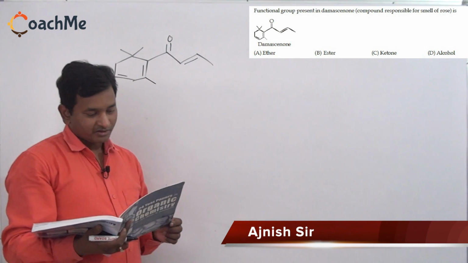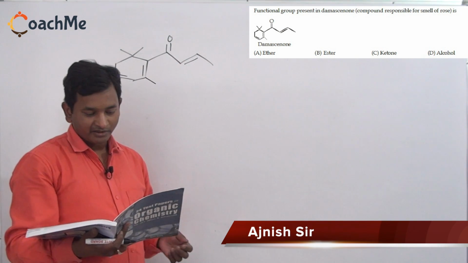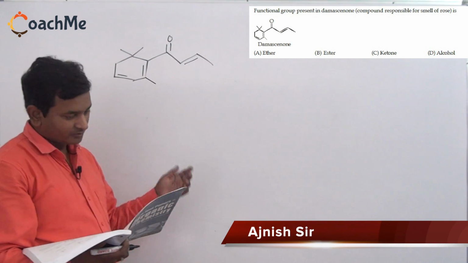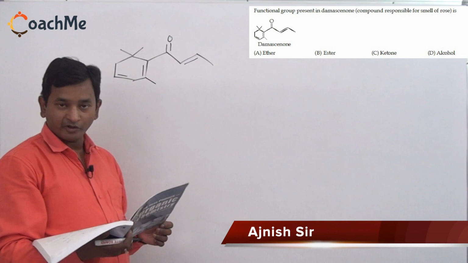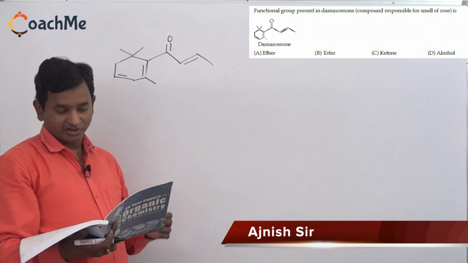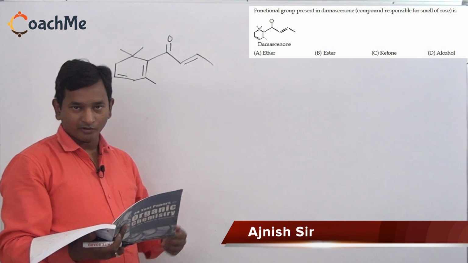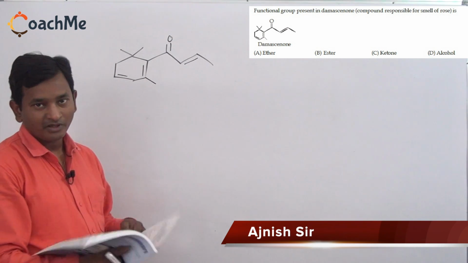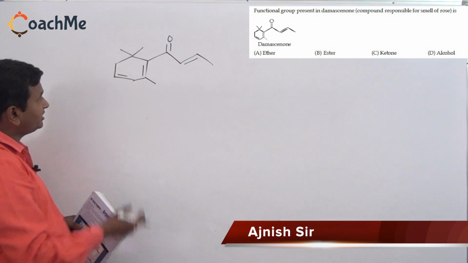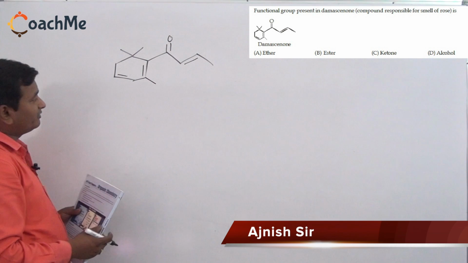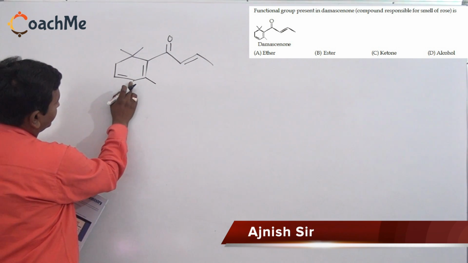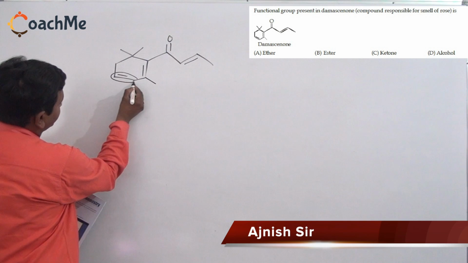And the question is asked: the functional group present in damascenone is A option ether, B option ester, C option ketone, and D option is alcohol. When you look carefully at this question, you will find that a carbon-carbon double bond is called an alkene.